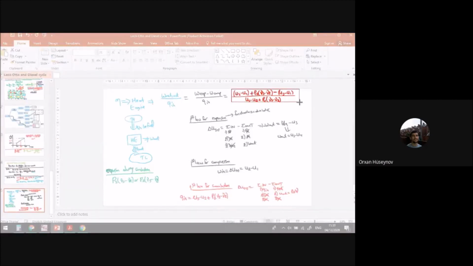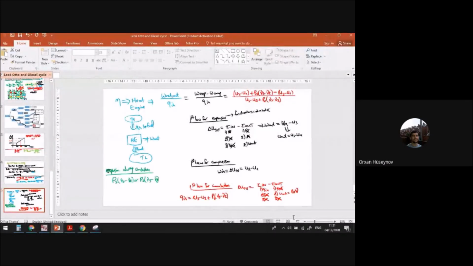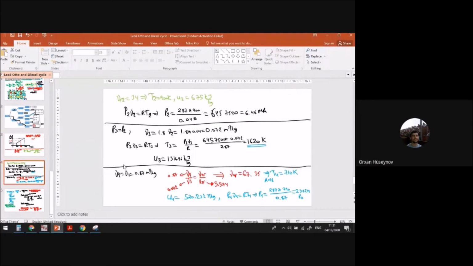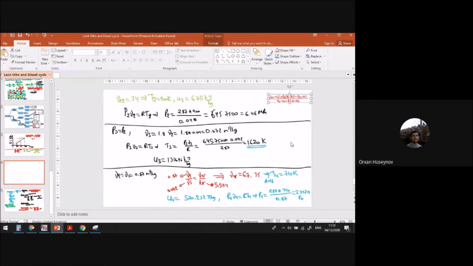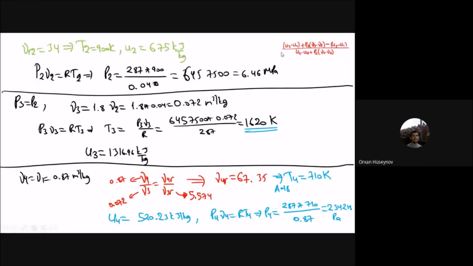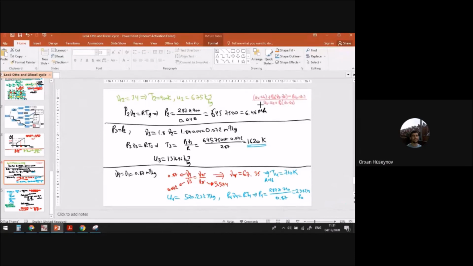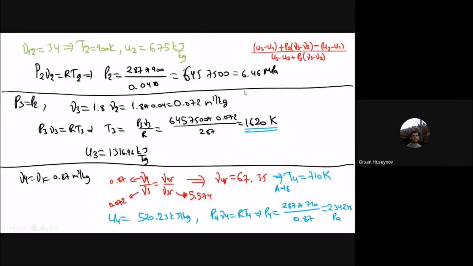You can write the formula, and let me copy the formula here. So you can calculate this formula here. Then I will finish today's lecture. So U3 and U4. Let me write them one by one so that you can calculate it.